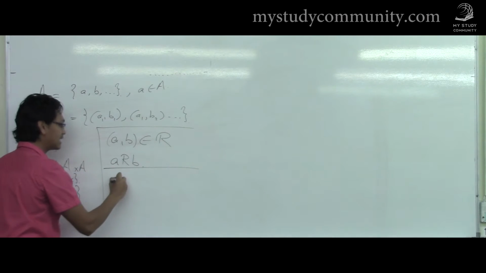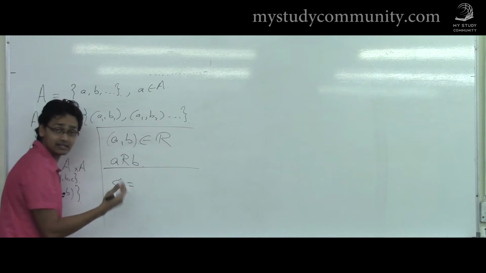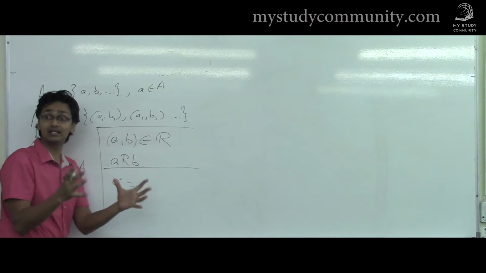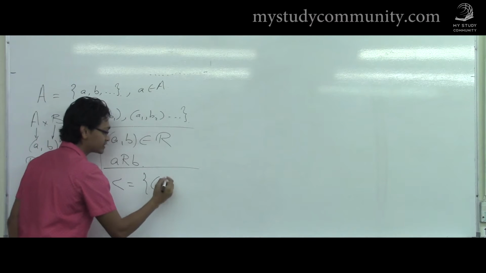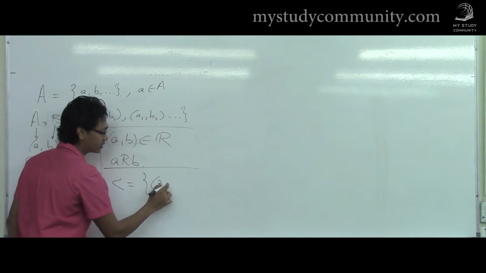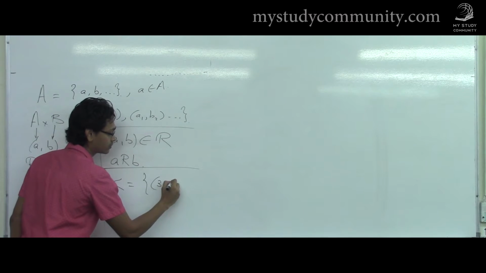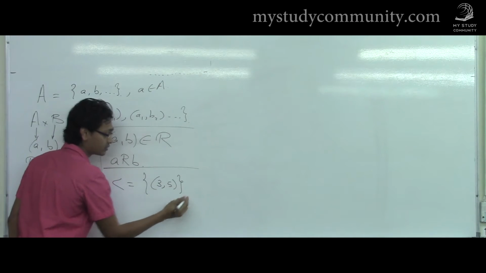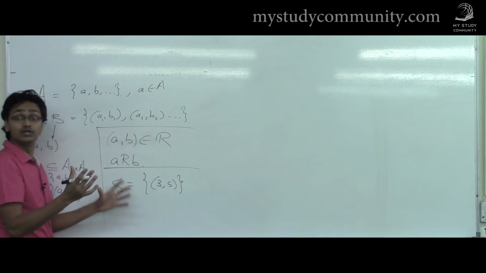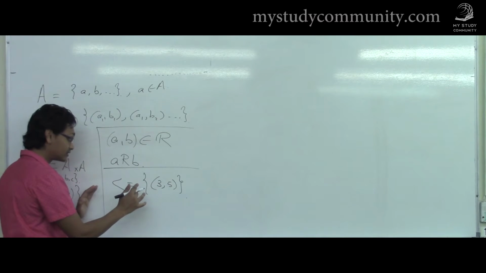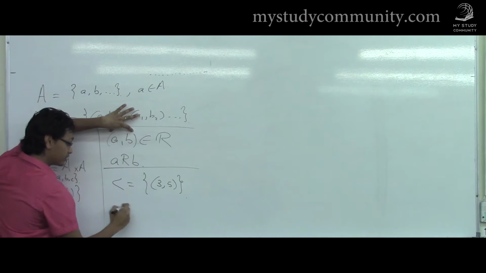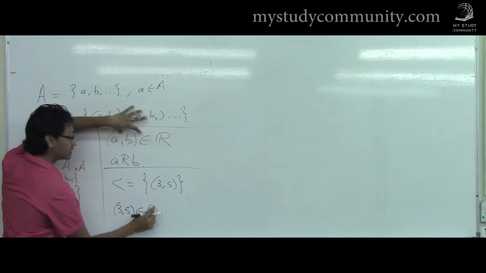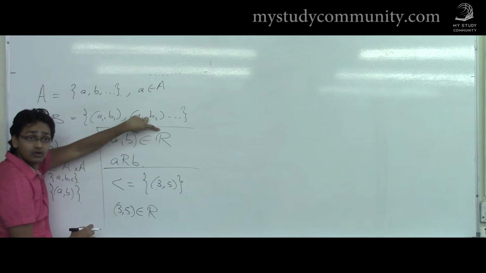So if I have the less than relation, the simple less than relation that we all know, anybody could give me an element in the less than relation. Let's just say 3 would be less than what? 5. Yes? So I could write the ordered pair (3, 5) is an element of the relation, which is what I wrote here.